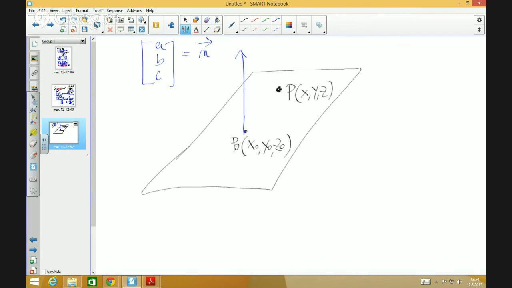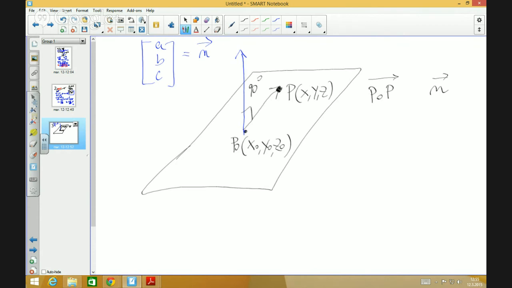Okay, so let's see. If I take the vector that goes from P0 to P, what is the angle that this vector will form with the normal going up? 90 degrees. So this thing will be a right angle. But then look at the vector that goes from P0 to P, and look at the vector n.